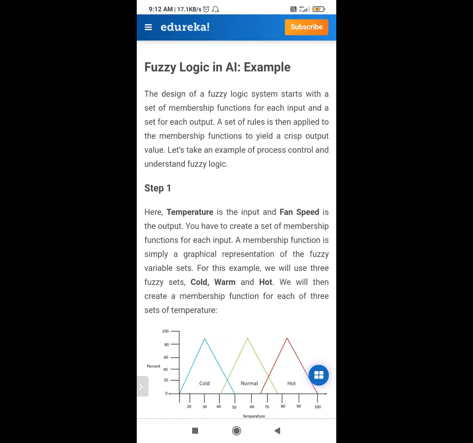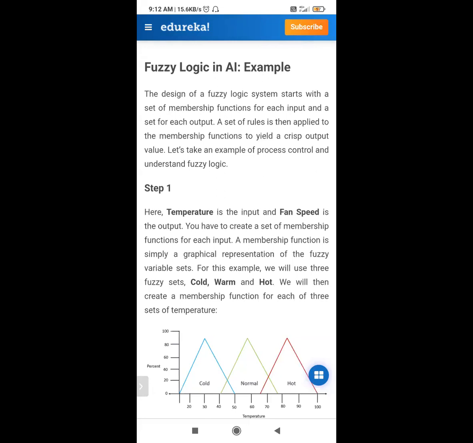The design of a fuzzy logic system starts with a set of membership functions for each input and a set for each output. That means for each and every system, we have a set of membership functions for each input, and an output will be there for each membership function.